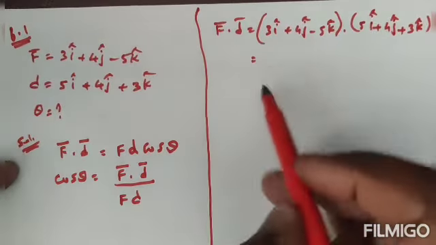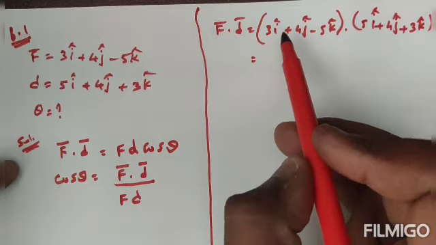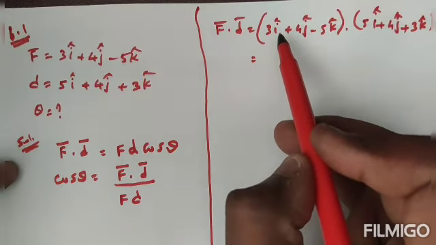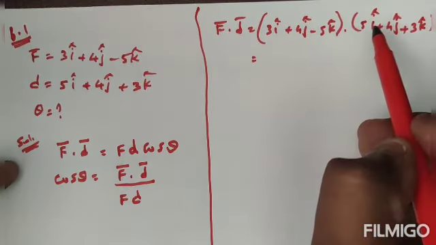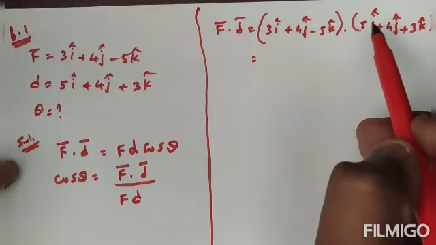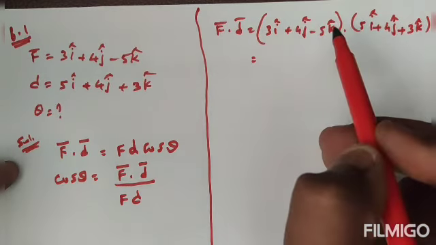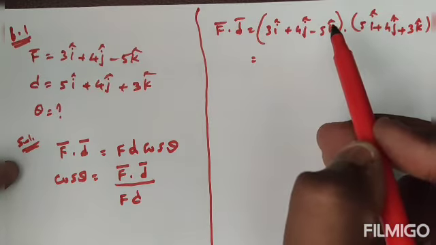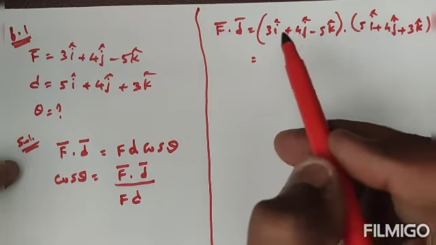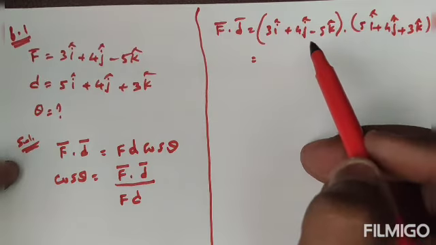We know very well that î dot î is equal to 1, and î dot ĵ, î dot k̂ are equal to 0.